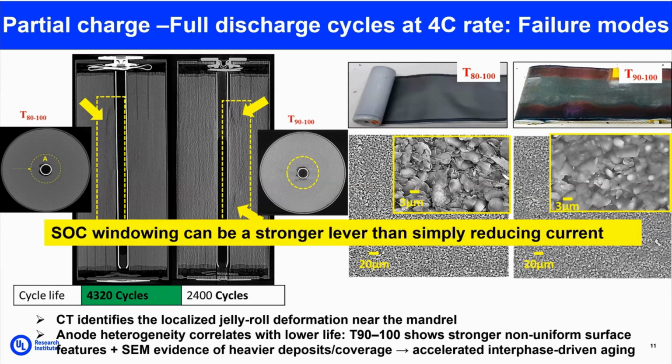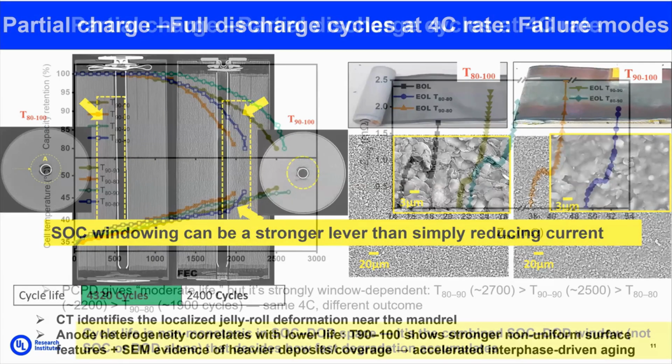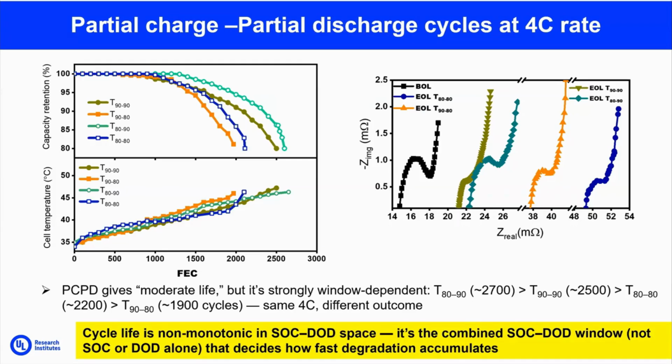To investigate further, the hypothesis and belief of all industry and battery groups is that when we reduce the operating SOC and DOD window, the cycle life and the safety of the cell will be improved. That is the myth we have.